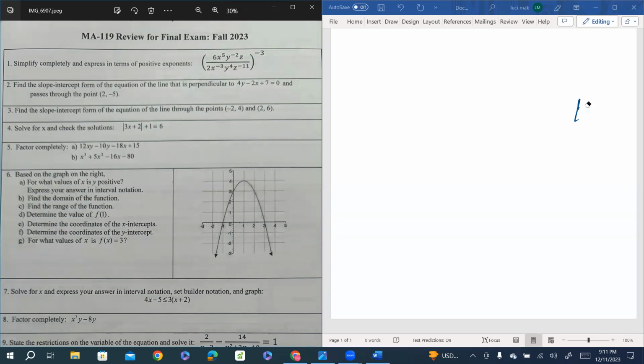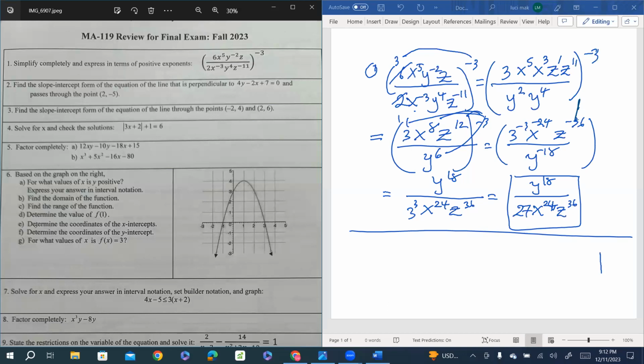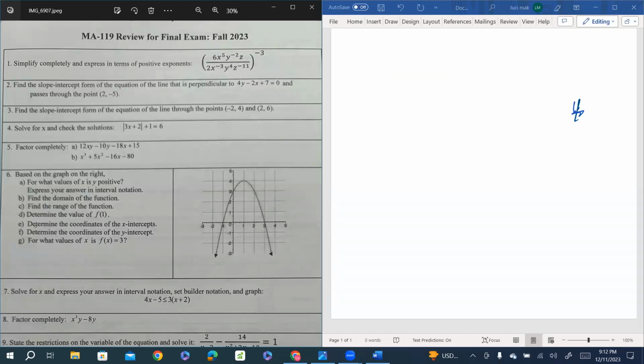All right, so now the second question. I'm trying to see if I can delete this.